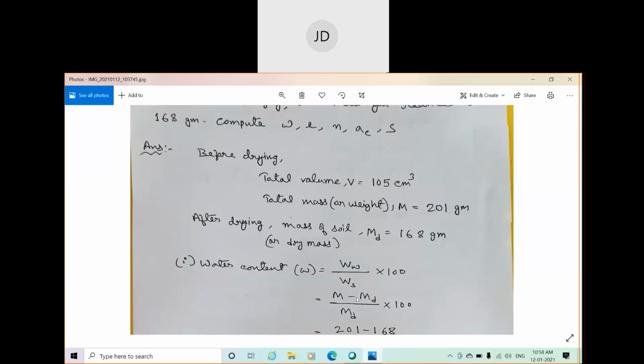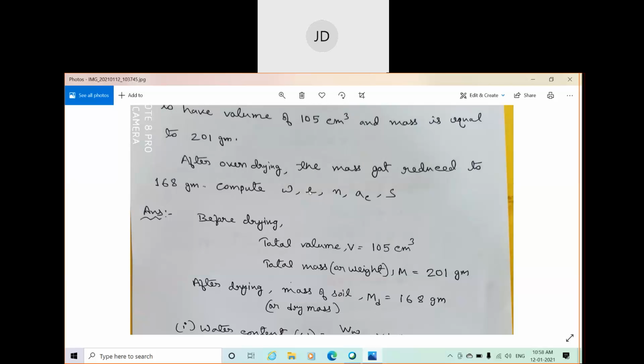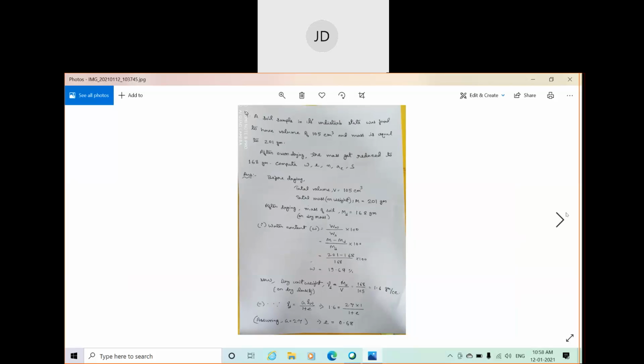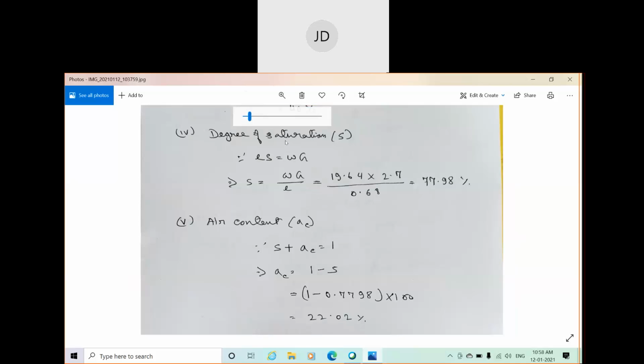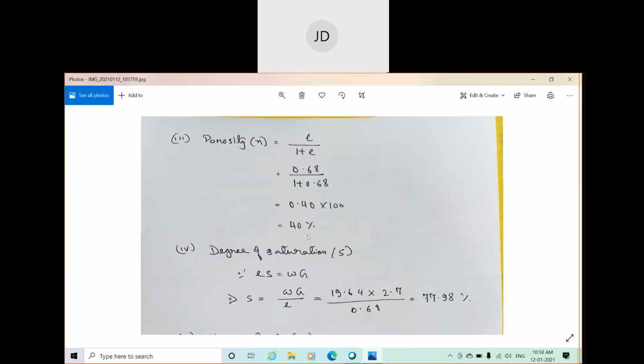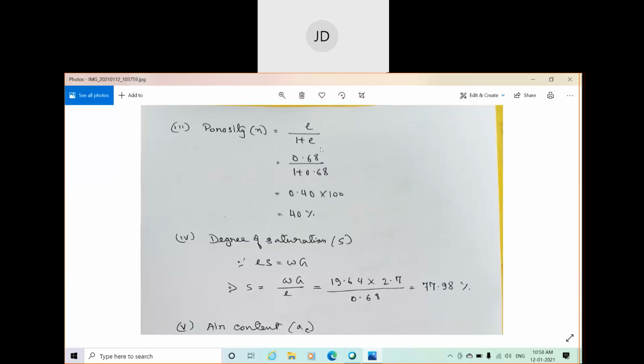So for now, we have got water content and void ratio. Now these 3 parameters you need to find out. Let's find out this thing also. Next, after getting the value of void ratio, we need to find out porosity. And we know the relation between void ratio and porosity.